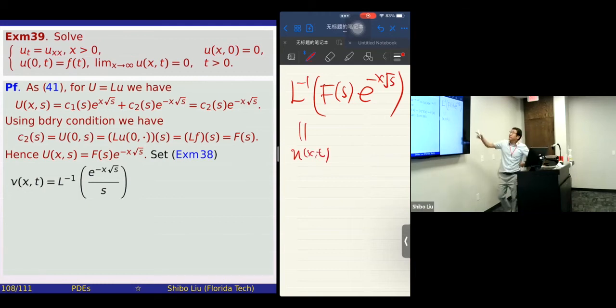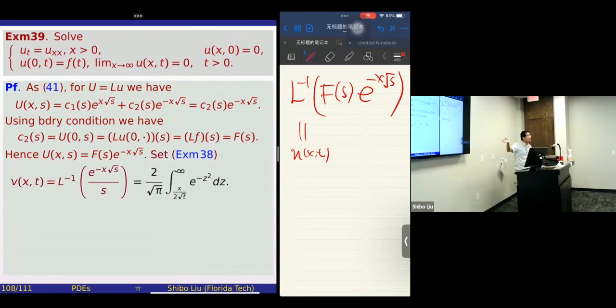Before doing this, we will use a previous result. Actually, the inverse transform of this exponential part is precisely the solution of our previous example. So we know what this is: it is this integral in the answer, the solution of the previous example.